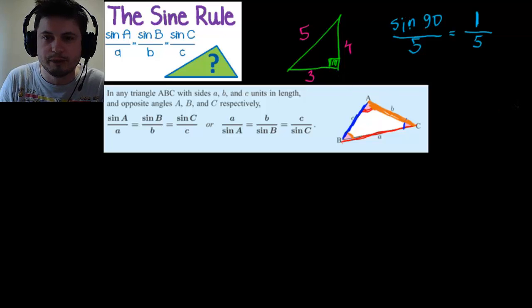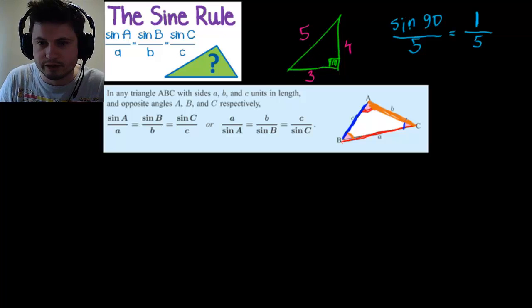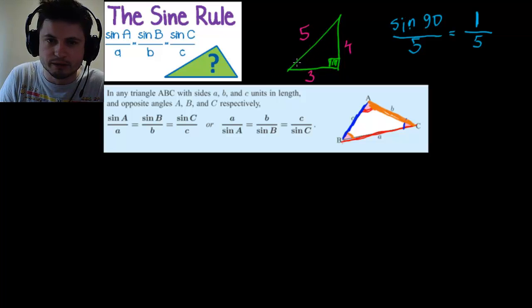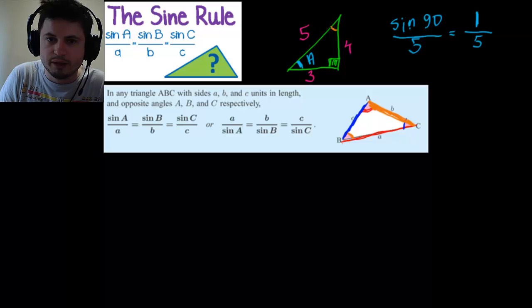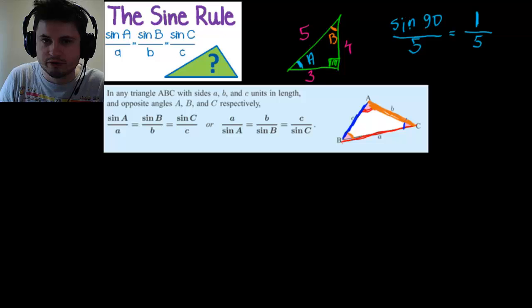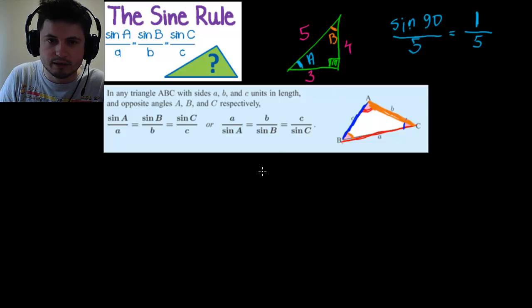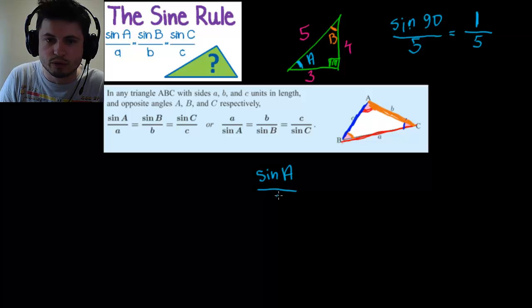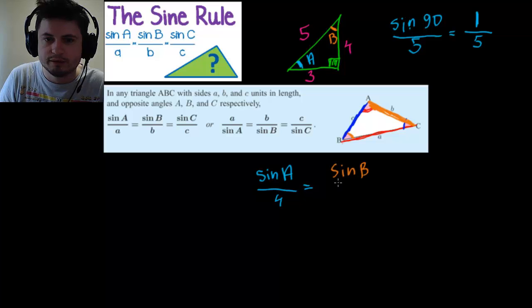According to this rule, let's name these angles now. We're going to name this angle A, and this other angle B. So if this is all right, the sine of A divided by 4 should also equal the sine of B divided by 3.